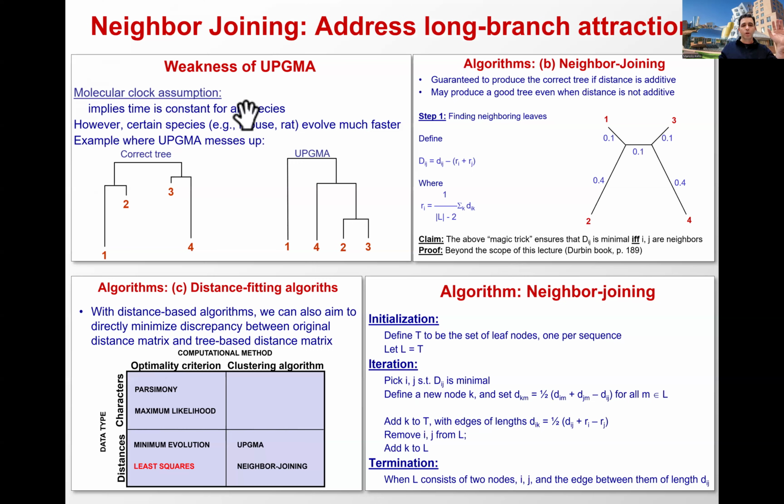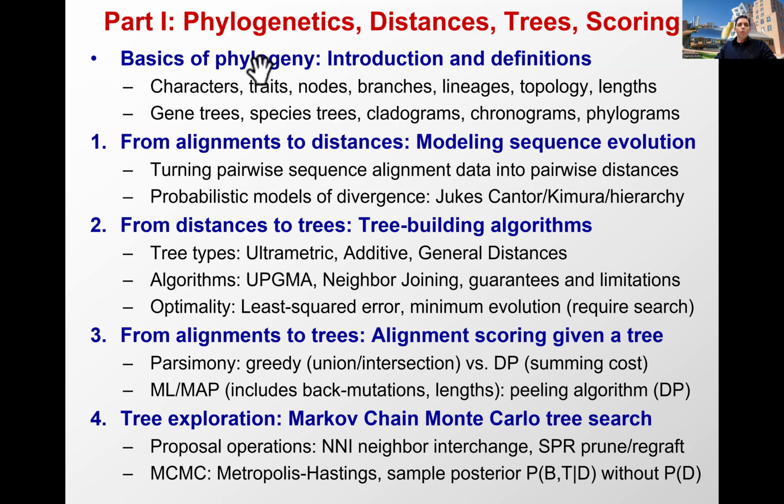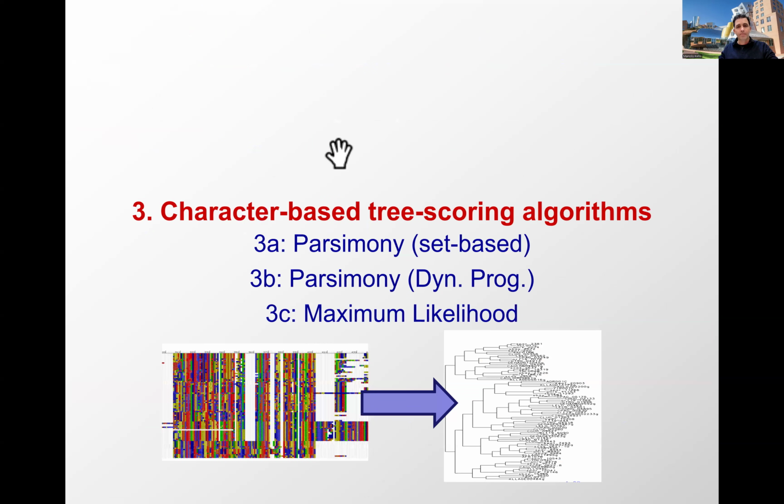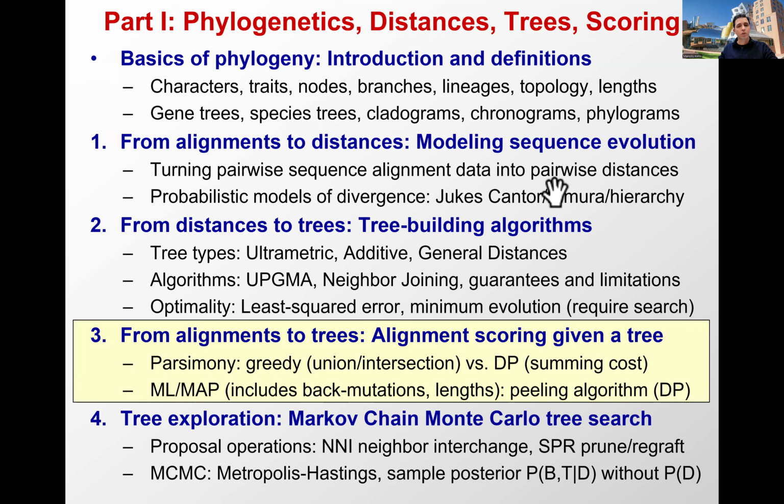So what have we talked about? We've talked about the basics of phylogeny. We've talked about how to go from alignments to distances, how to go from distances to trees. We looked at different tree types: ultrametric, where there's a clock; additive, where it was generated by a tree; and general distances, where all bets are off. We talked about UPGMA, that works great for ultrametric.